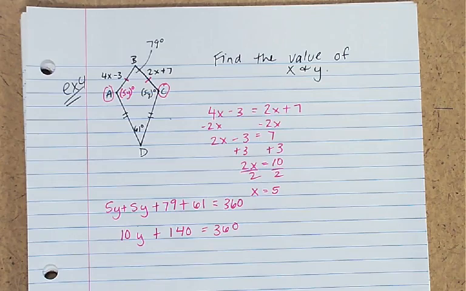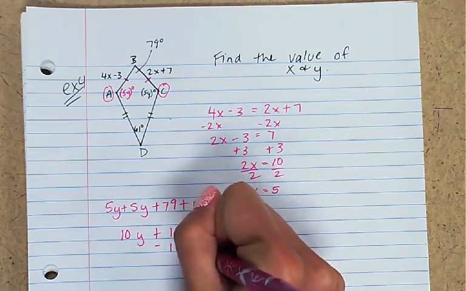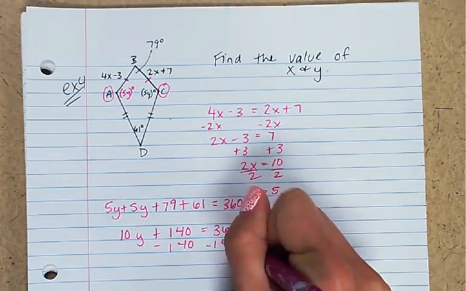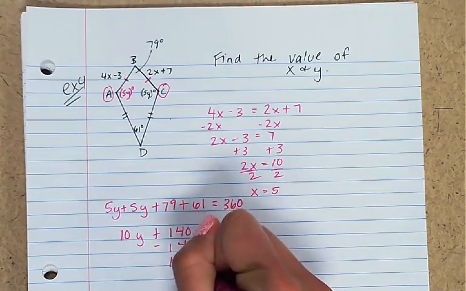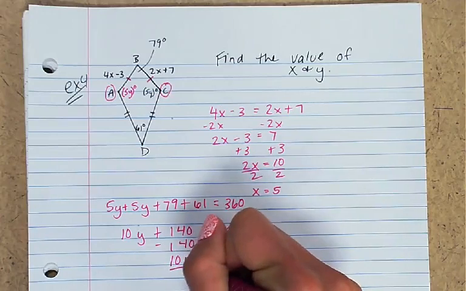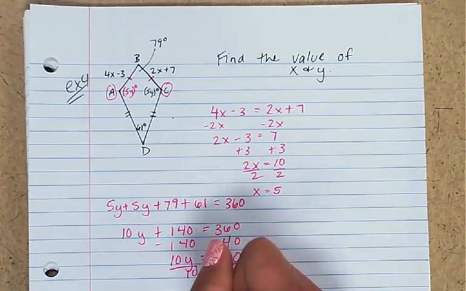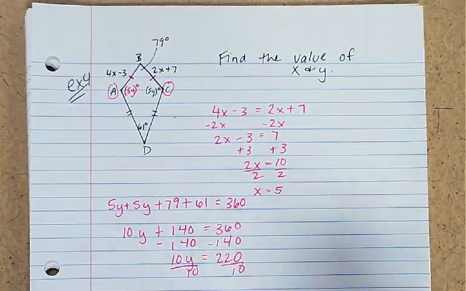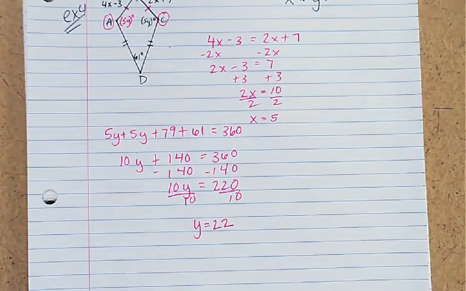And if we solve from there, the first thing we're going to do is subtract 140 from both sides, and then divide by 10. So y is 22.